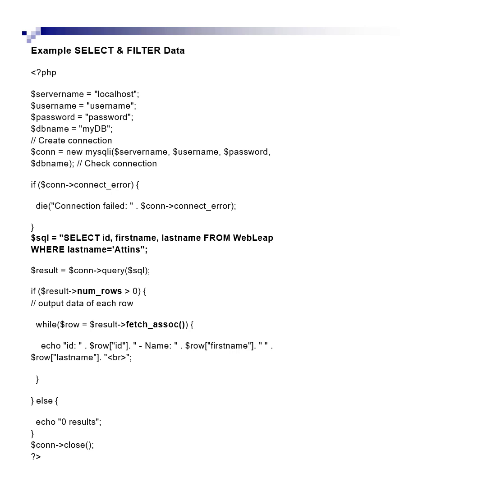If there are more than 0 rows returned, the function fetch puts all the results into an associative array that we can loop through. The while loop loops through the result set and outputs the data from the ID, first name and last name columns.